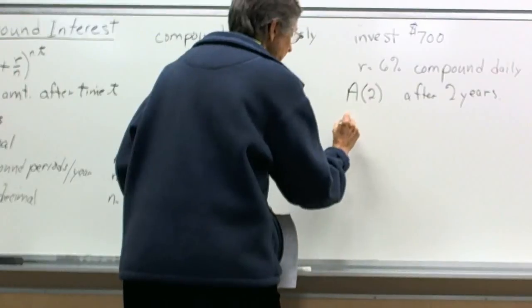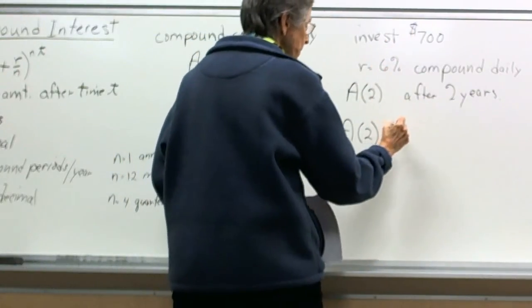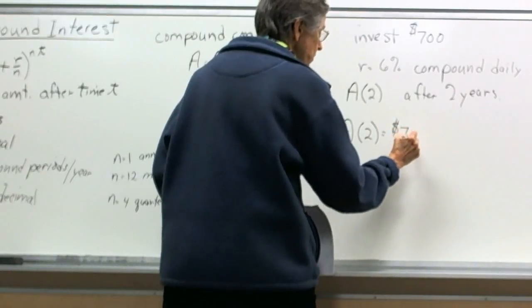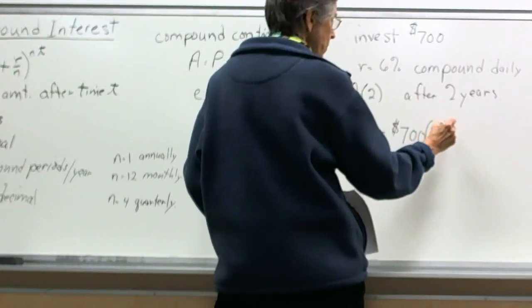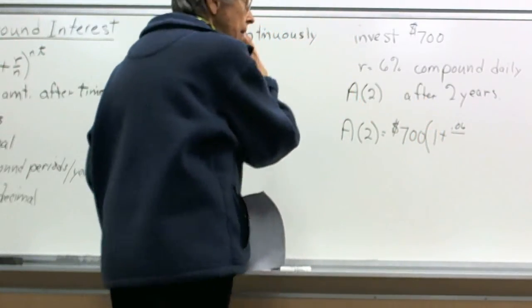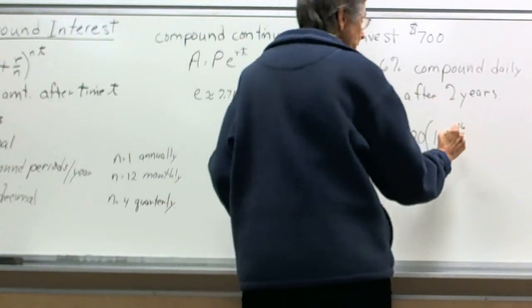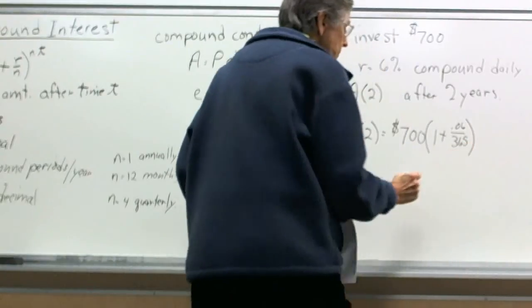So A of 2 then is equal to the principal that we invest, $700, times 1 plus R, 0.06, divided by daily. We're going to use N equal to 365 or 365 days in the year.